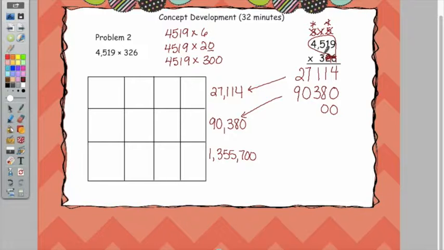So now I've got 3 times 9. 27. 3 times 1 plus 2. 3 times 5, 15. Did you notice I regrouped above the 4? 3 times 4, 12, plus 1. 13. Is that a match? Okay.